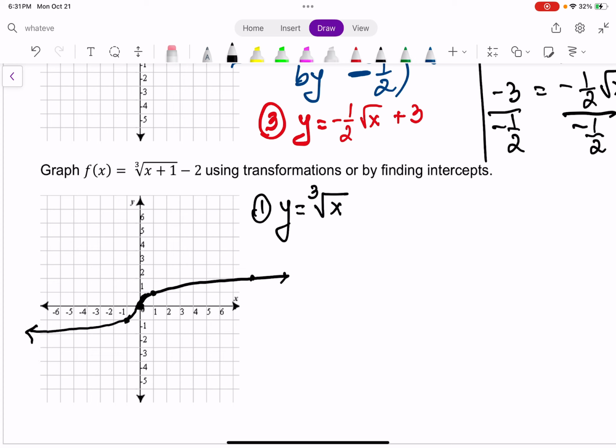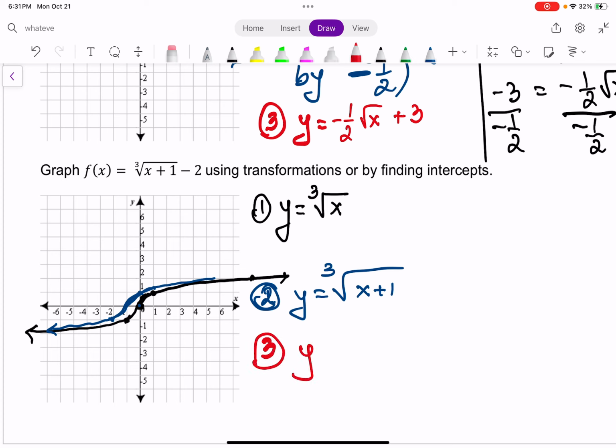And then, of course, you know that we're going to move it by now. You could even do both transformations at once. So we're going to move this graph 1 unit left and 2 units down. So each of these points are going to move left 1 unit. And then finally 2 units down.